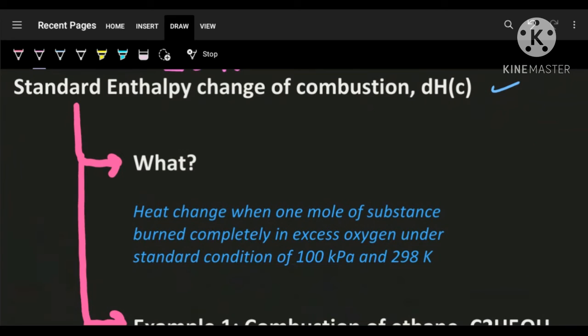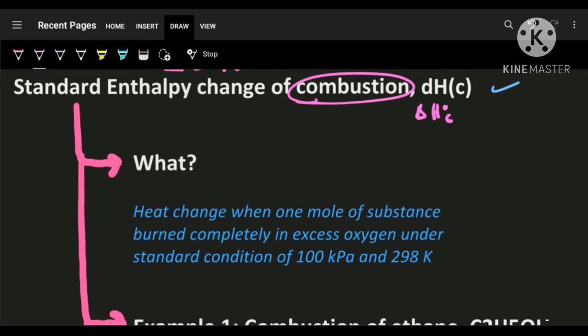Okay, another method to calculate the standard enthalpy change is from the standard enthalpy change of combustion. The symbol is delta H C. So what is the standard enthalpy change of combustion? First, we must understand what is meant by combustion.